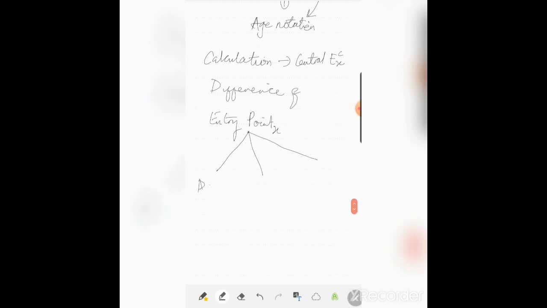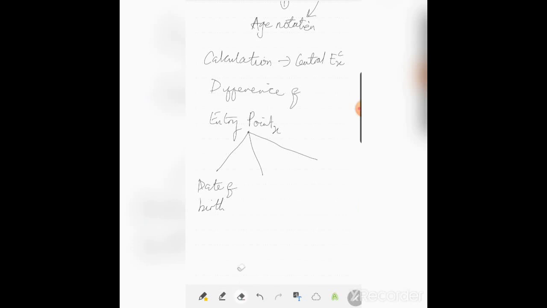I'm looking at the date of birth, or the date of start of age x, one thing.